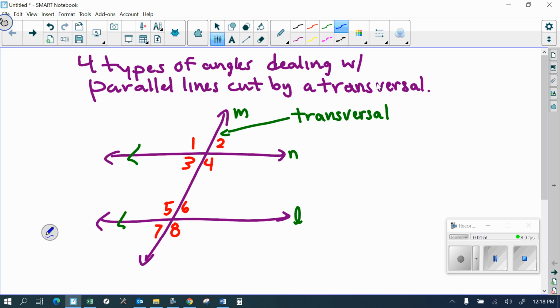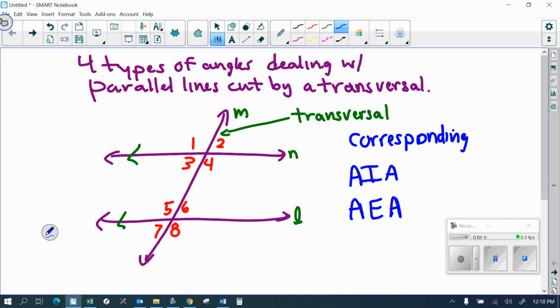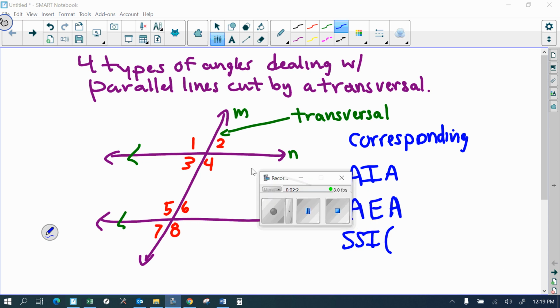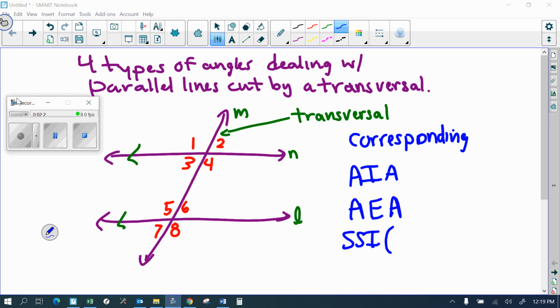So our 4 types: corresponding, alternate interior angles, alternate exterior angles, and same side interior angles, also called consecutive interior angles.